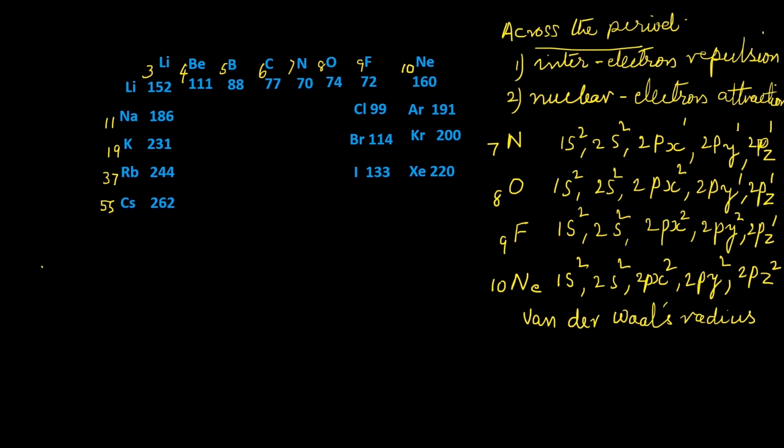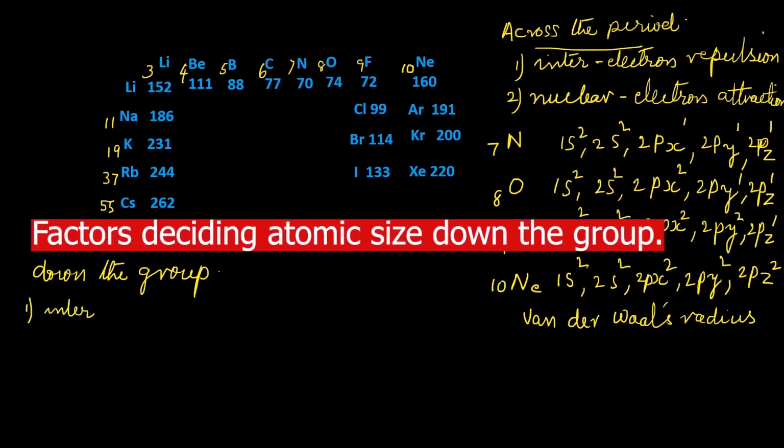Now let us go on to explain why the atomic radius increases down the group. From the readings given, you understand the atomic radius steadily increases down the group. What are the factors which decide the atomic size down the group? Number 1, inter-electronic repulsion. Second one, nuclear electronic attraction.